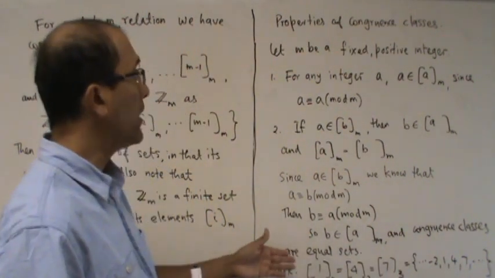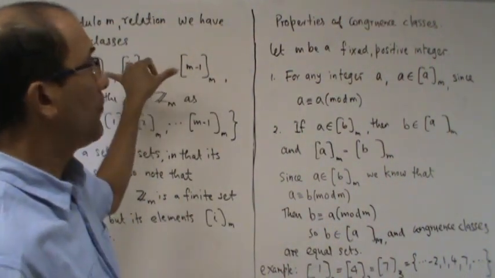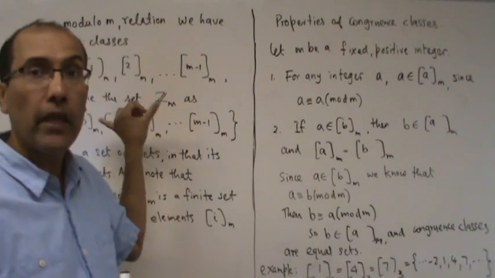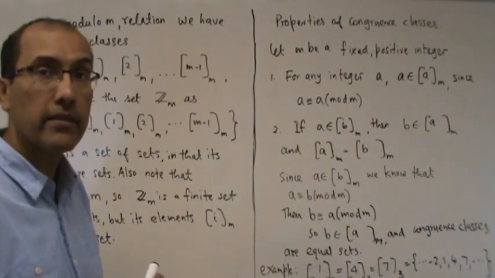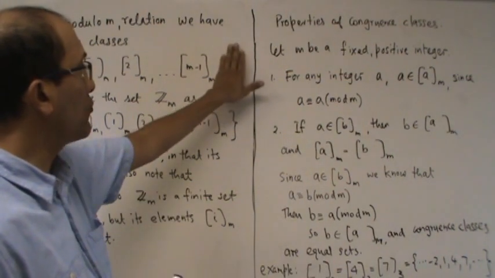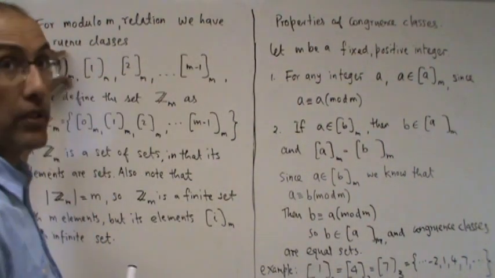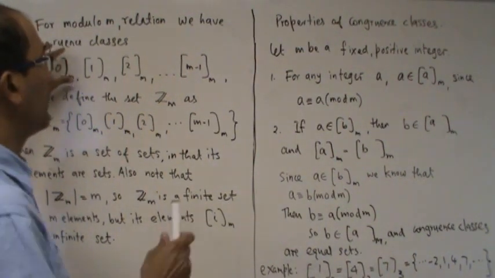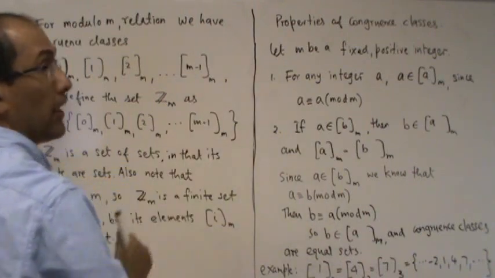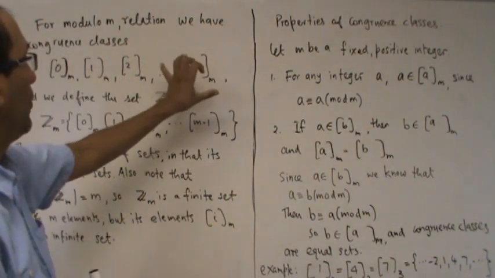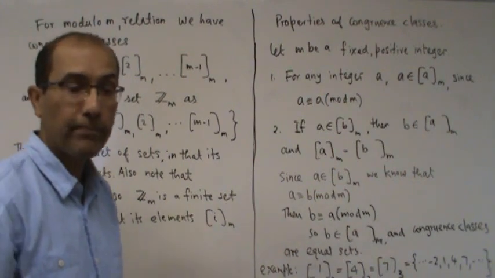So that's why, for modulo M, we have only M distinct congruence classes. Because the next one here, M minus 1 and then M, is identical to this. So we don't have to look at the congruence class for M, because that's here. So we will only work with these congruence classes.